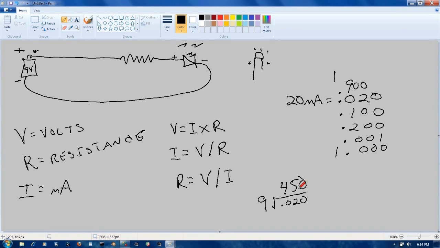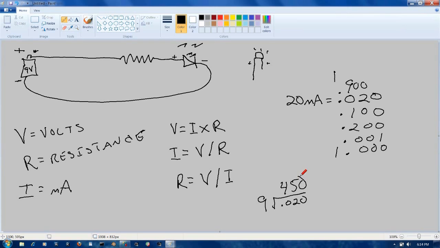So to get a perfect circuit, we would need, to use this at its max. Now, this LED will light up with less than 20 milliamps. It'll light up with probably a little more than 20 milliamps, because in the data sheet there's probably some tolerance built in. But it won't be as bright. So for its maximum brightness, you'll want 450, but it's not practical.